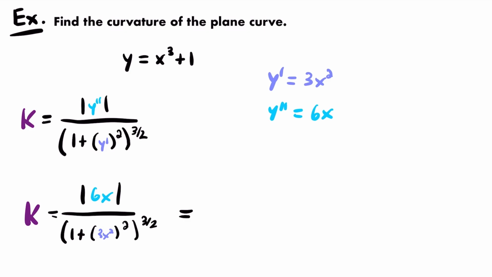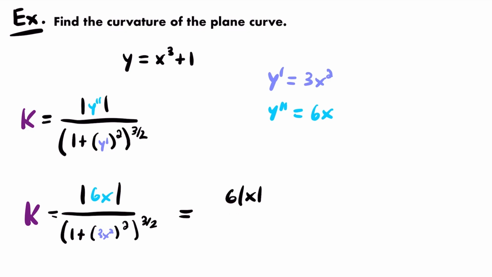And then simplifying, we do need to keep the absolute value bars around x because that could be a negative value. We're not told that x is restricted to be only positive, so you want to keep those absolute value bars there. We'll have 6 times the absolute value of x.